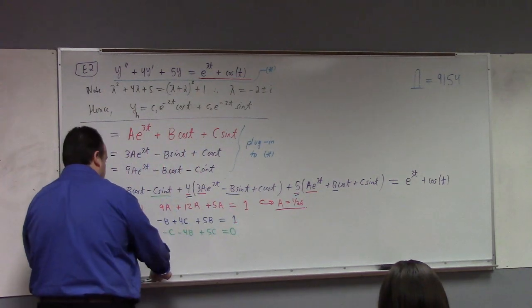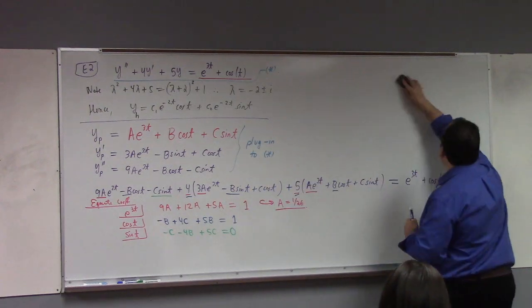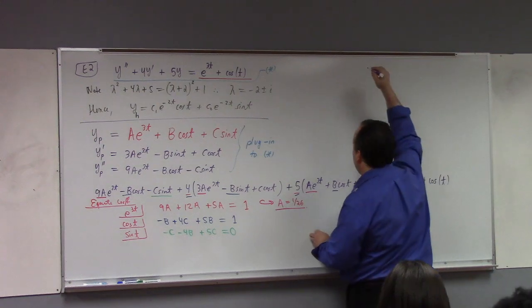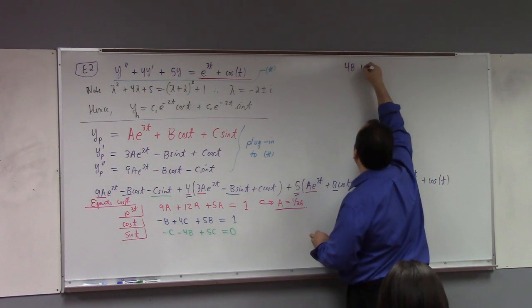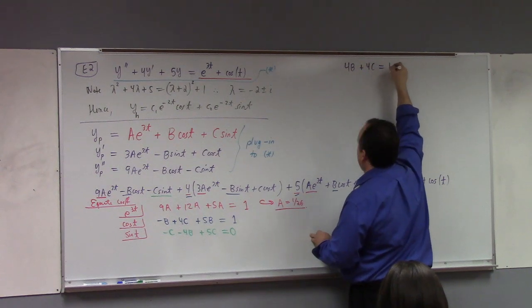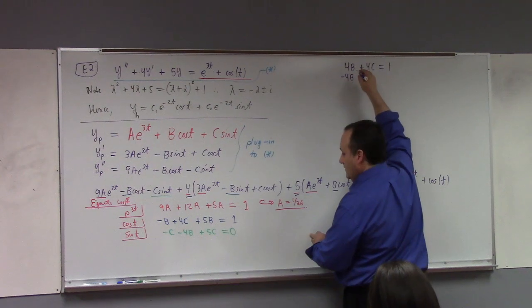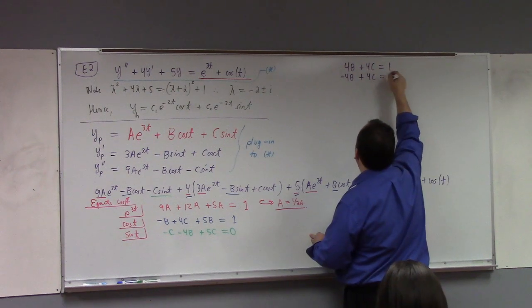All right, I'm going to do the algebra up at the top of the board over here. So what we got is 4b plus 4c equals 1. And we've got minus 4b plus 4c equals 0.